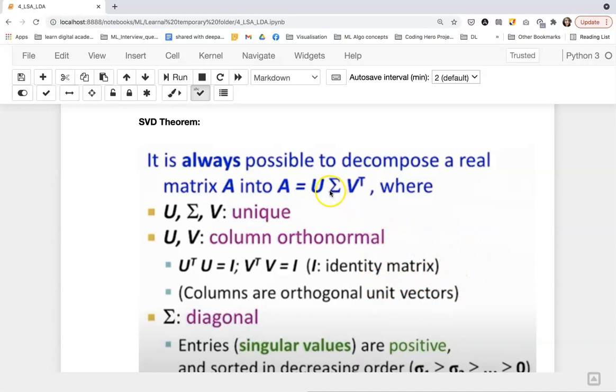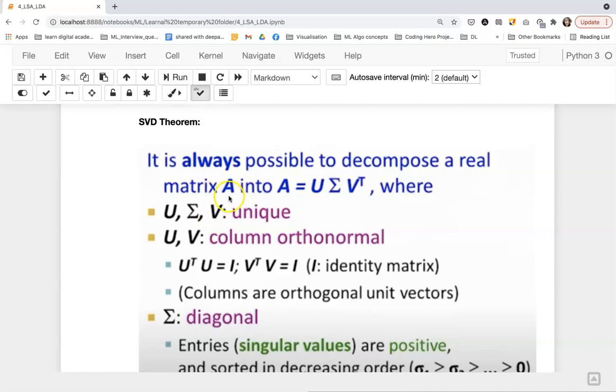When we decompose this with the SVD theorem, we get a unique set of U, sigma and V matrices. That means we get only one set of these three matrices that will be the decomposed form of matrix A.